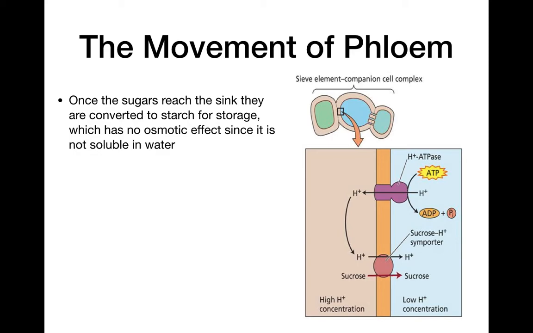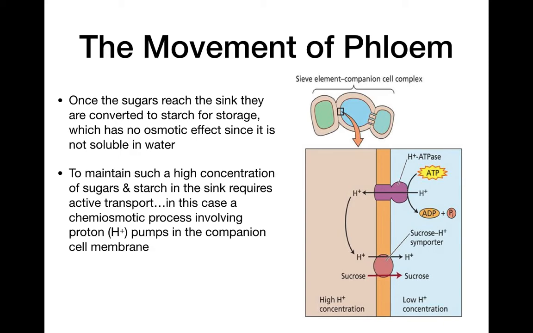It cannot be dissolved in water. So it's not going to be affecting the osmosis. That's what's causing the water to go back to the xylem, because now the concentration is much, much higher of starch and less of sugar. And since starch isn't soluble, it's not going to affect the concentration gradient.